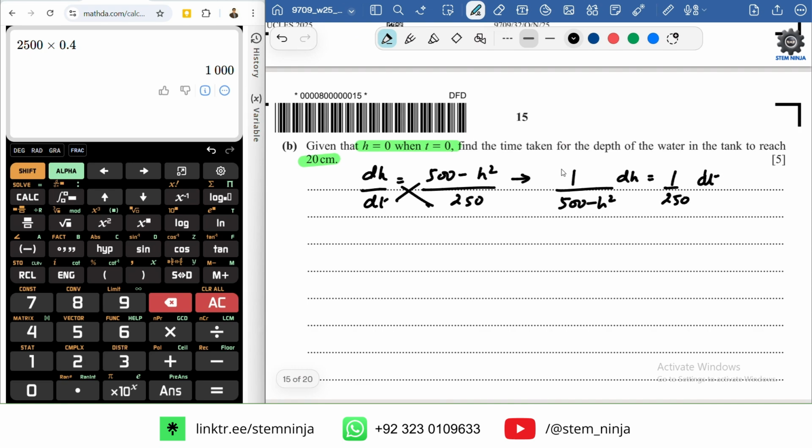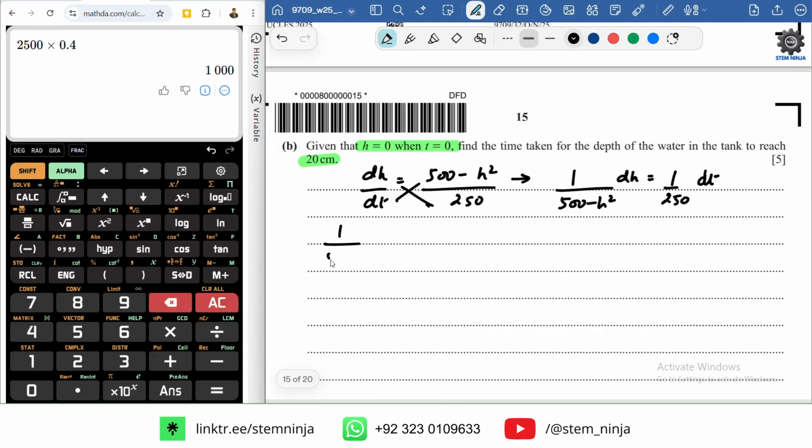You can move 250 over there also, absolutely fine. Now this one is a quadratic factor, so we can just simply integrate this. Oh no, you have to do the partial fractions for this one, right?